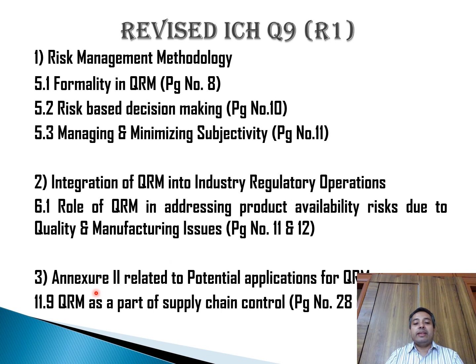In Annexure 2 related to potential applications for quality risk management, point number 11.9 is introduced, which describes QRM as a part of supply chain control. This is all about the summary of changes made in the revised version of ICH Q9. In a separate presentation, these changes will be discussed in detail.